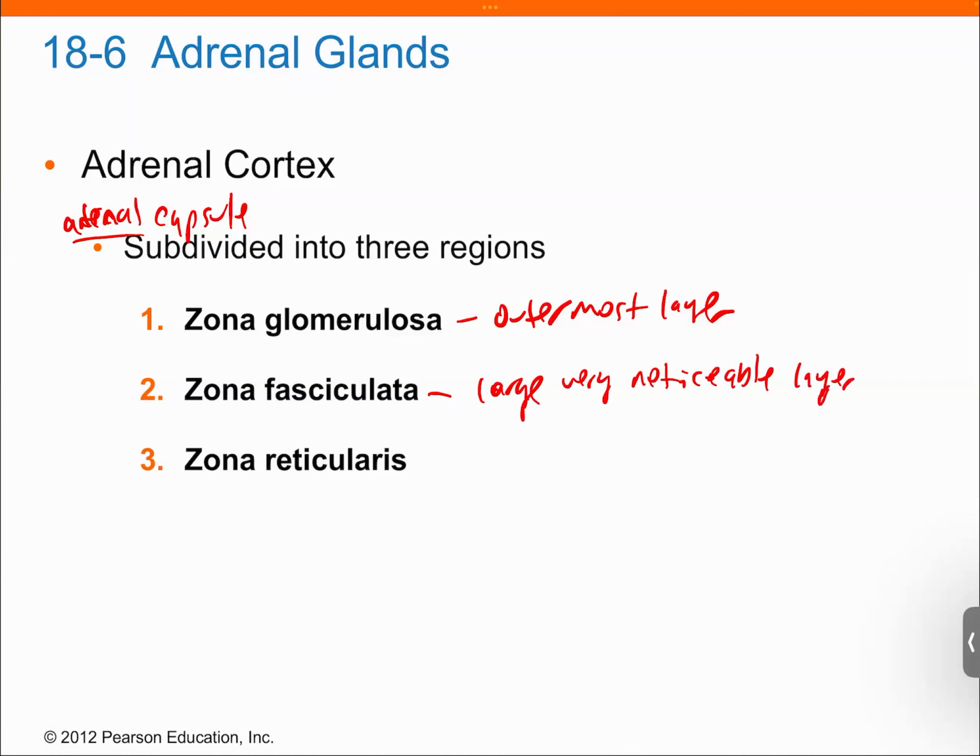I don't want to explain them too much because I want you to be able to see them, because it'll make more sense if we explain it while you're looking at it. And then of course the reticularis, which is a much smaller layer, and it morphs into the medulla.